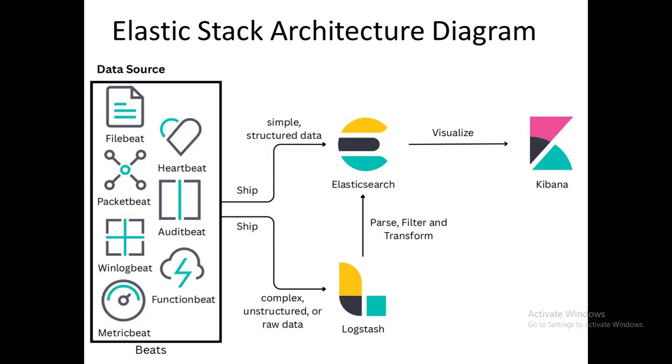Then complex unstructured or raw data is first sent to Logstash. Then Logstash processes, filters, and transforms raw data before sending it to Elasticsearch. First is parse, filter, and transform the data, and then send to Elasticsearch.